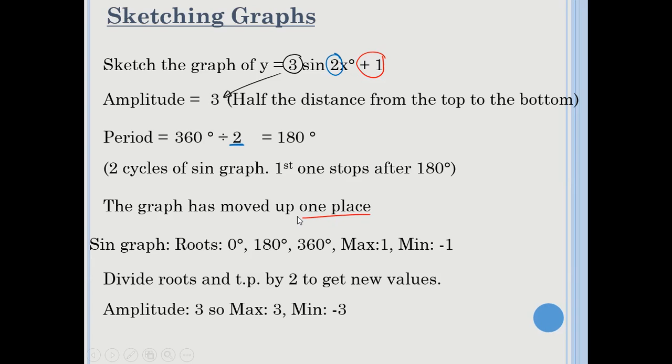For our graph y equals 3 sine 2x plus 1, we know it's going to have an amplitude of 3, so it's going to go up 3 and down 3. We've added 1, so for our maximum and minimum, it's going to be 4 and -2, and we'll see more of that when we draw the graph.